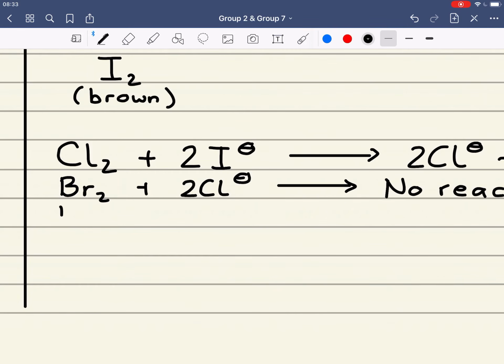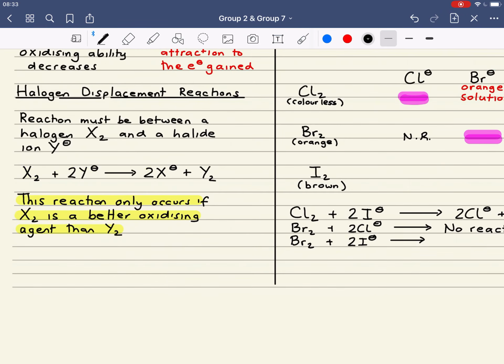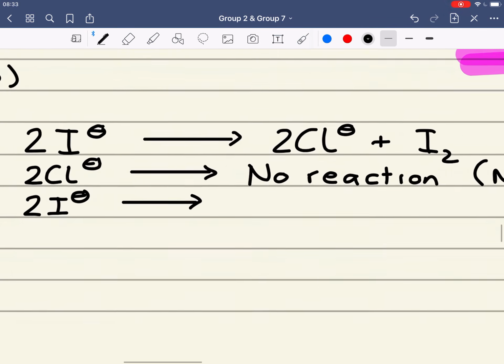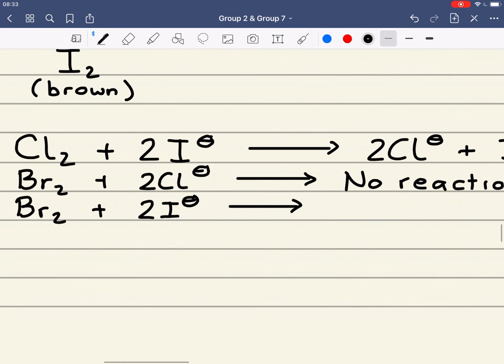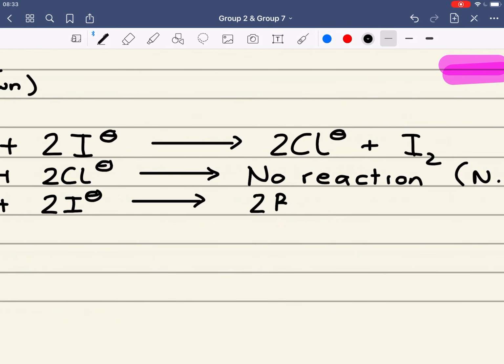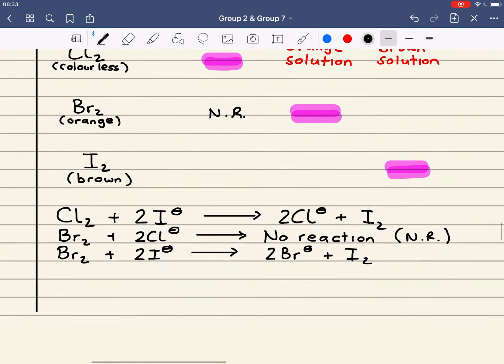So let's have a look at bromine plus iodide ions. And again, what we've got to look at is bromine, again, according to my statement, is bromine, Br2, a better oxidising agent than I2? Well, yes, it is, because the oxidising ability decreases down the group, so you would get a reaction where the bromine will take the electrons off the iodide, and you'll get 2Br minus plus I2.